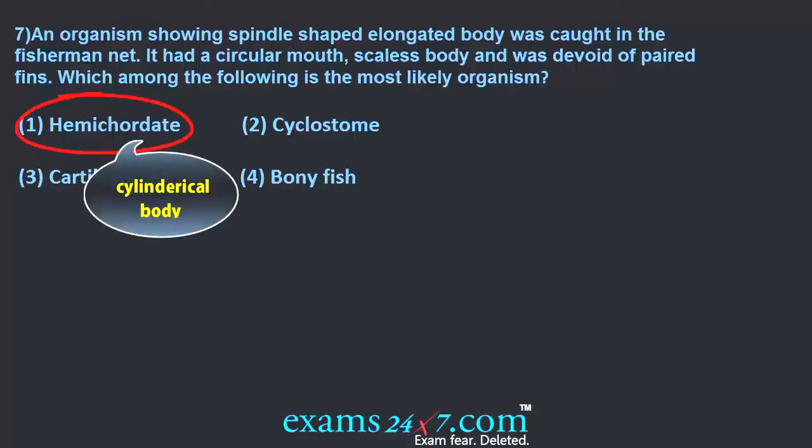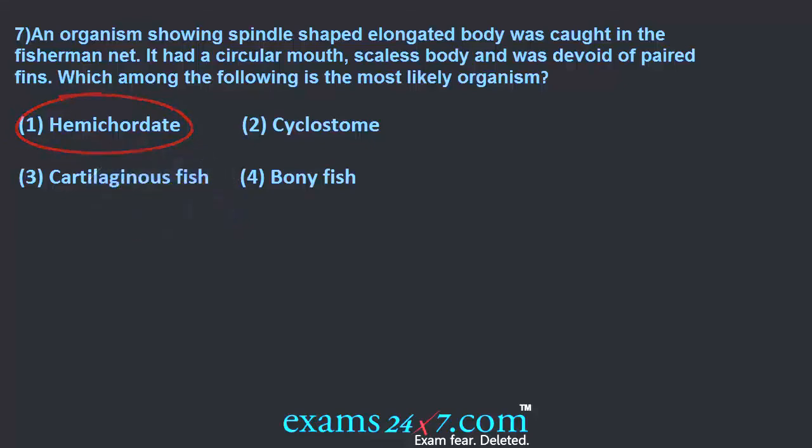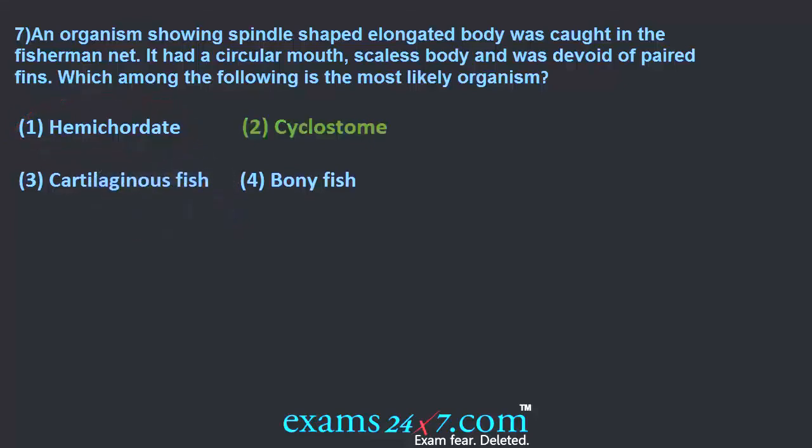It includes animals like Balanoglossus and Saccoglossus. Cyclostomata, yes. What are the examples? Petromyzon, which is commonly called lamprey, and Myxine, which is commonly called hagfishes. Cartilaginous fishes, no. Bony fishes, no. So option 2 is confirmed.